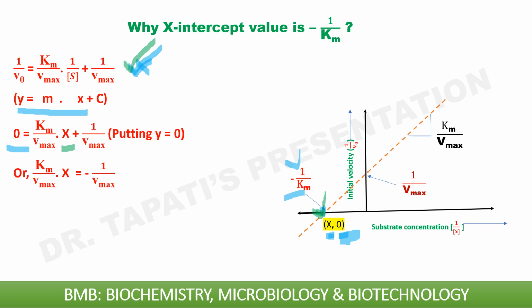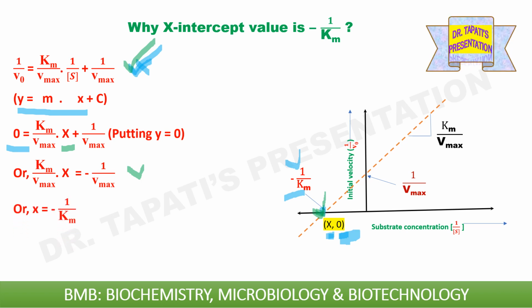I hope you are understanding it. Now, we can calculate that x is equal to minus 1 by Km, because Vmax and Vmax are cancelled, and Km will come to the denominator. So the x value is equal to minus 1 by Km.